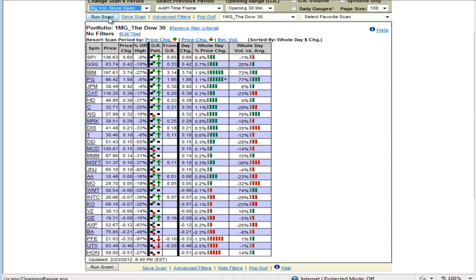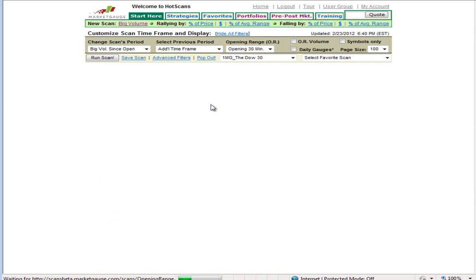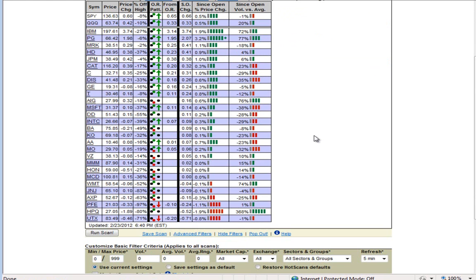If I change it to since the open, it tells me how things have moved off the open. Slightly better, a little bit more green, a little bit less red. That would indicate that while the Dow's being driven primarily by two big movers, IBM and PG, and mostly by IBM, the general consensus of the Dow is it's up, it's just not up much.